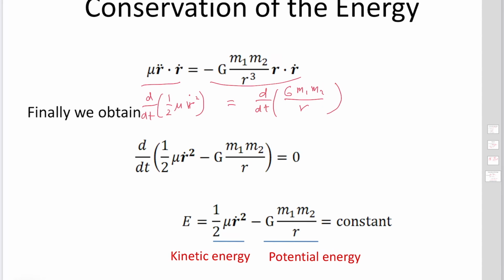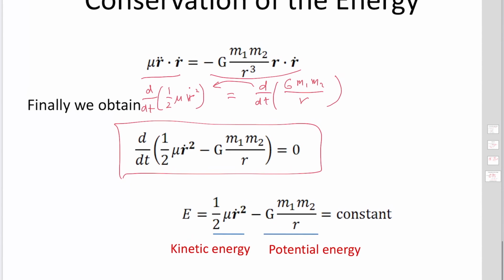This is equal. Then we can move these terms on the right hand side to the left hand side, and you will get these equations. Then from this equation, the derivative of this quantity is 0. So we find that this quantity has to be a constant.